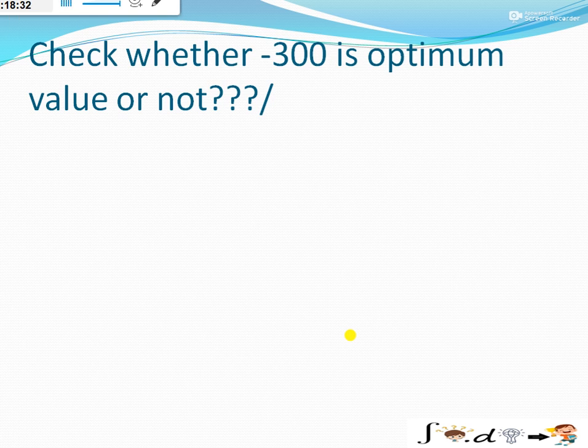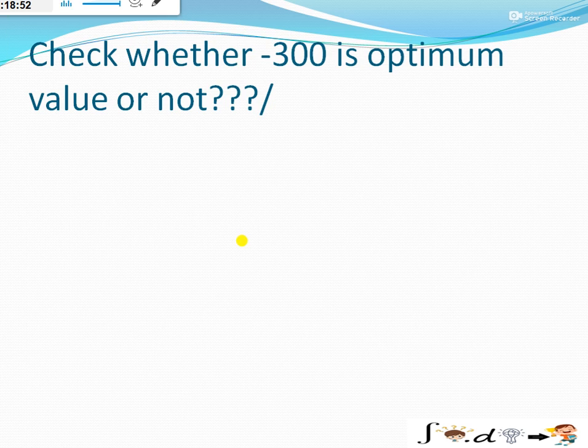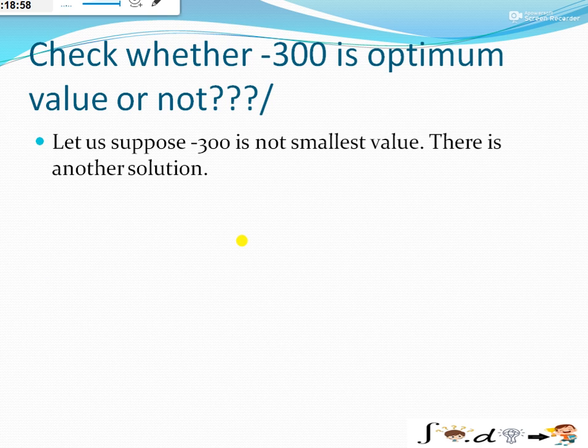And now we have to check whether minus 300 is the optimum value or not, because this region is unbounded. The last one we did was also unbounded, the one before that was bounded. For an unbounded region, we have to check whether this value minus 300 is the optimal value, yes or no. So first we suppose minus 300 is not the smallest value.